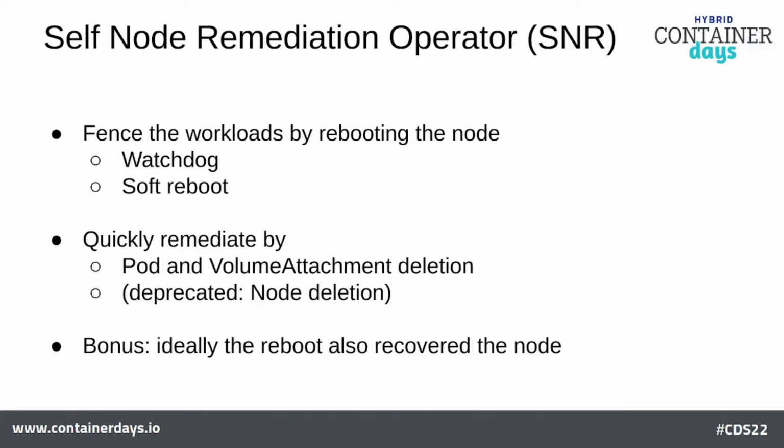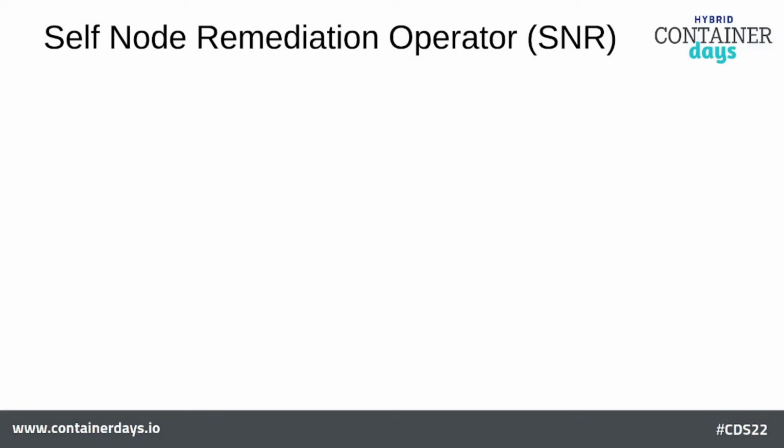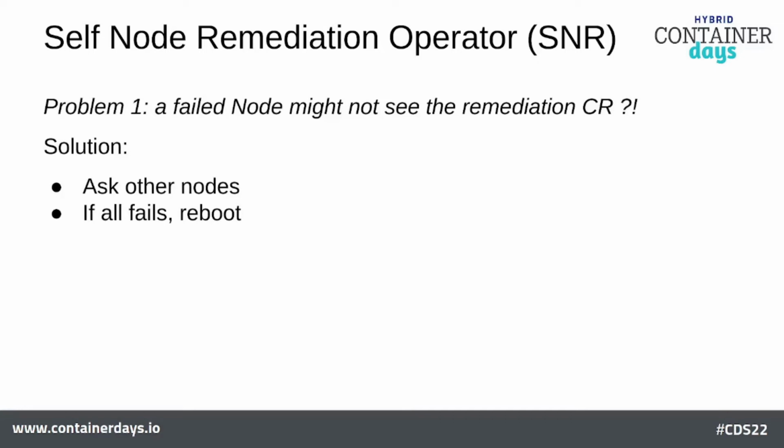But we have two problems with this approach. Number one, in case of issues with the network connection to the API server, how does the Selfnode remediation agent know about the remediation CRs? Solution: it will ask the agents on the other nodes if they see a remediation CR.